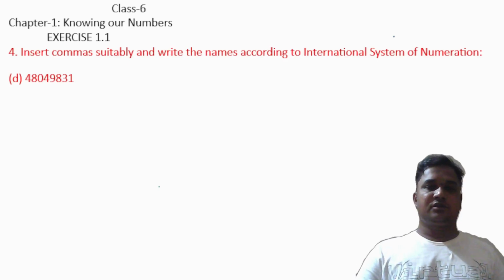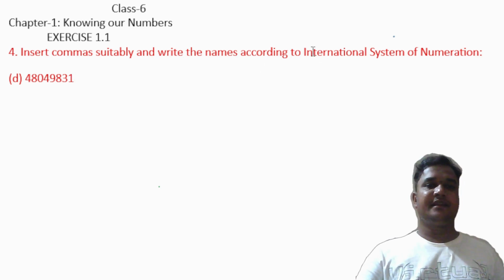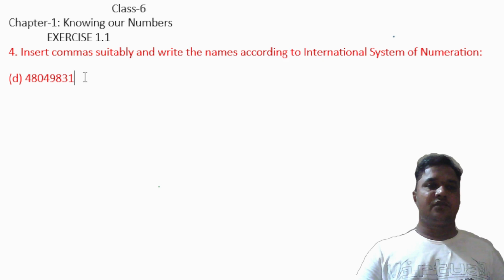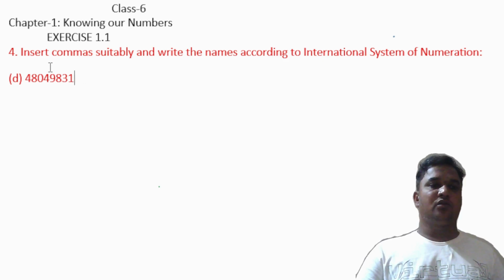So, the last question: insert commas suitably and write the names according to the international system of numeration. So we learn how to insert the commas and write in words according to the international system. This is the last question. In previous sessions we have learned.